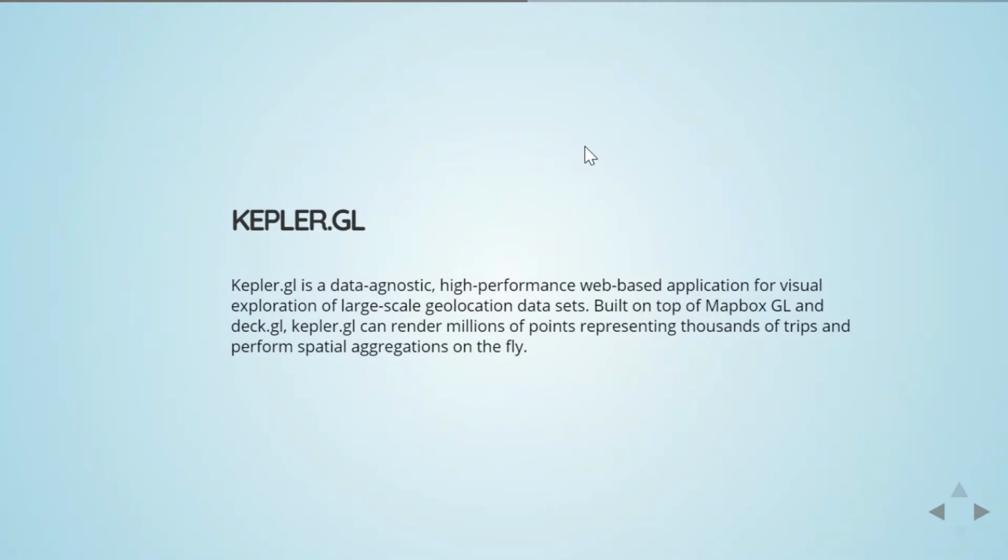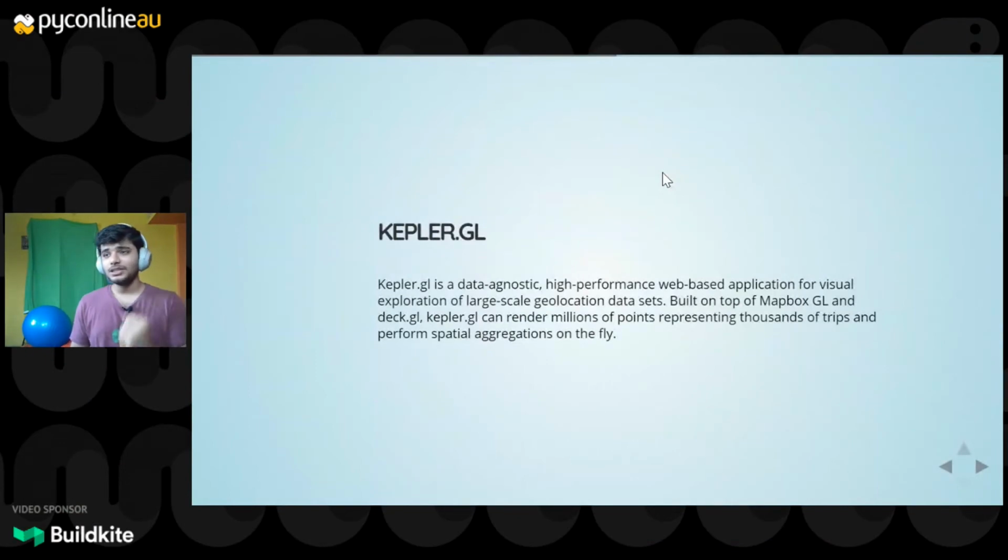Kepler is a really cool project which is coming from Uber, and they have actually harnessed DeckGL and GPU rendering to essentially render millions of points on the fly in your browser and perform spatial aggregations on the fly too, all in your browser. Also Kepler GL is built with React, so if you know React, you don't have to re-render it every time. It just renders what's necessary, not everything.